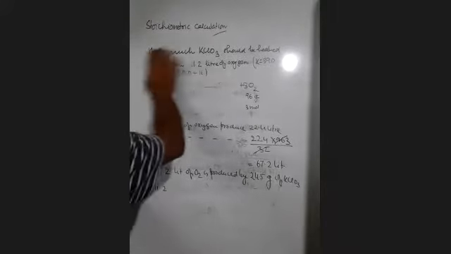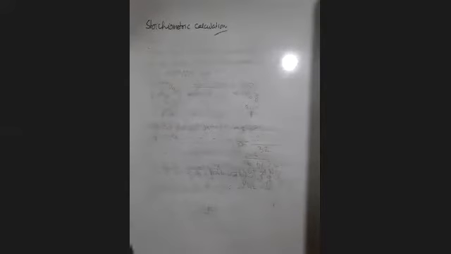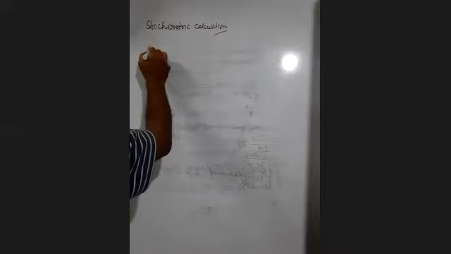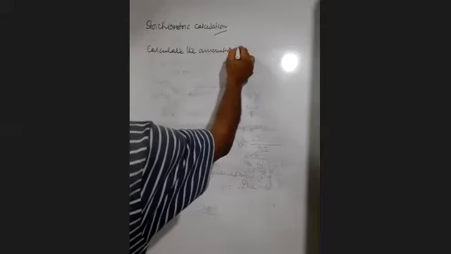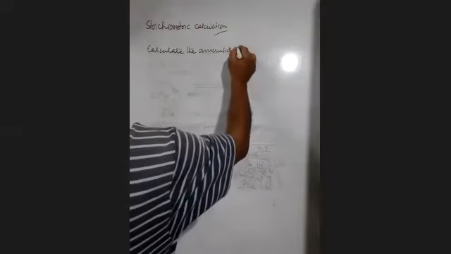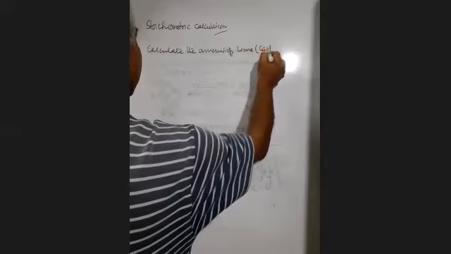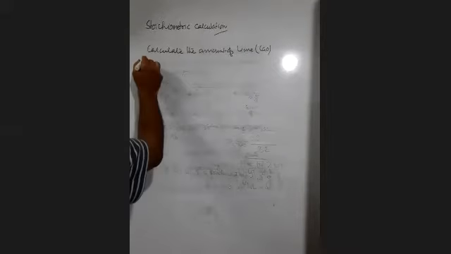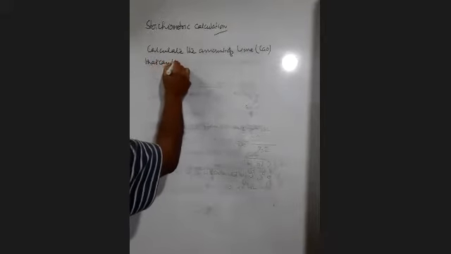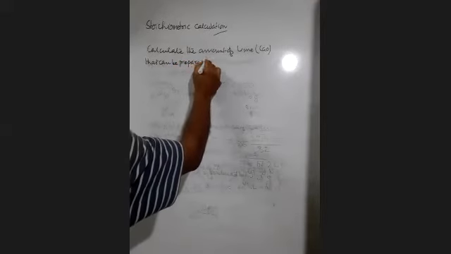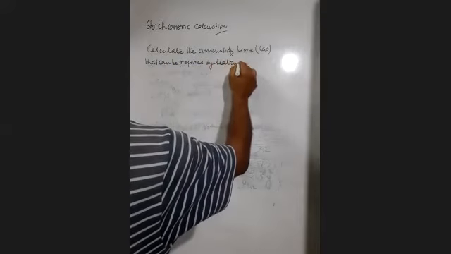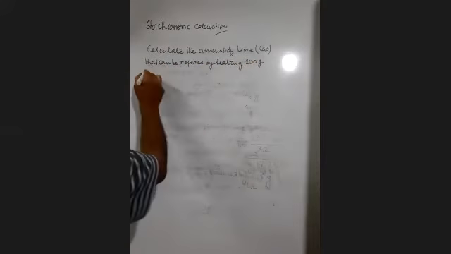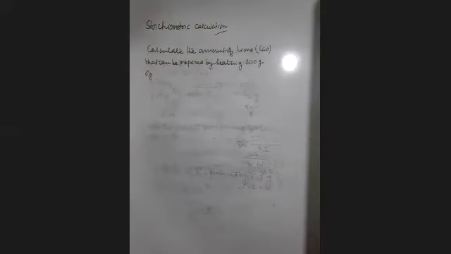Now I'll give you one homework. Calculate the amount of lime, calcium oxide, that can be prepared by heating 200 gram of limestone.